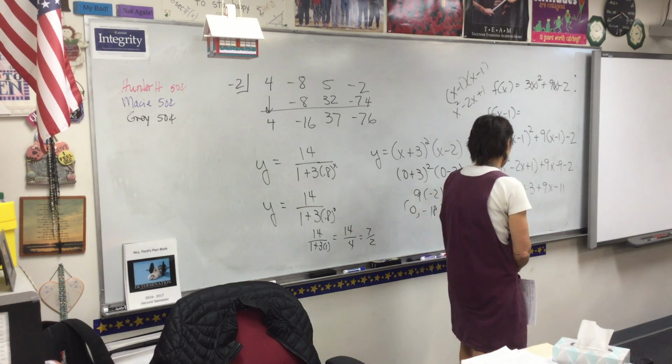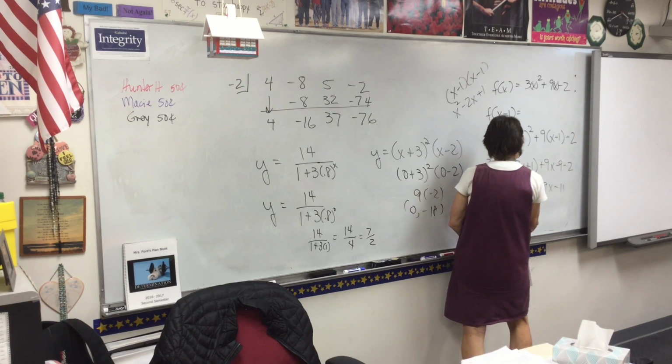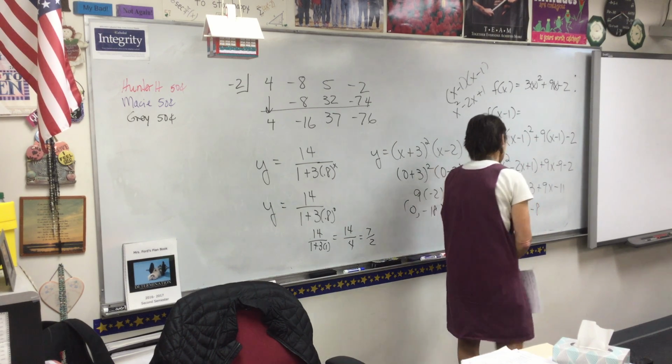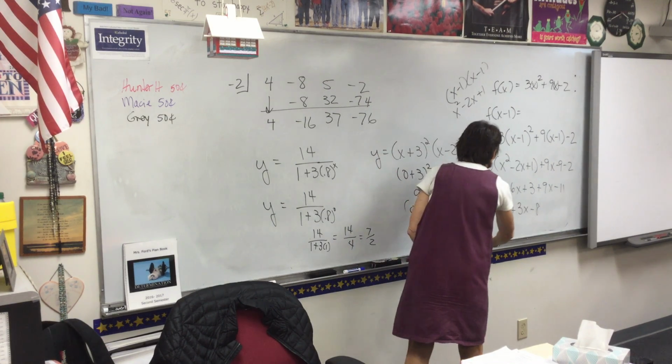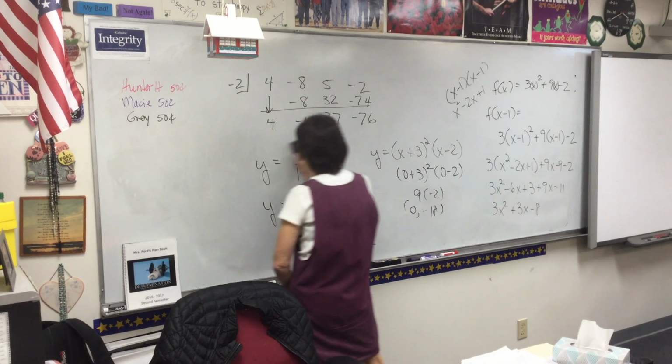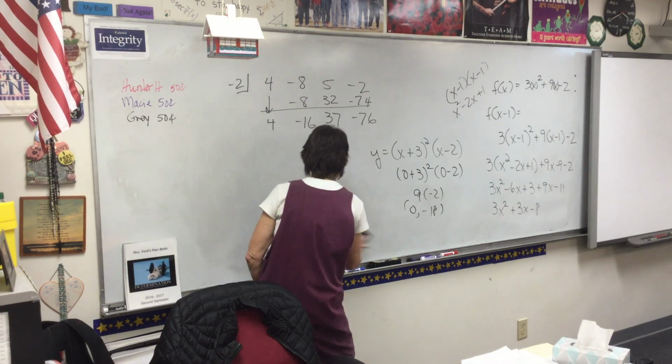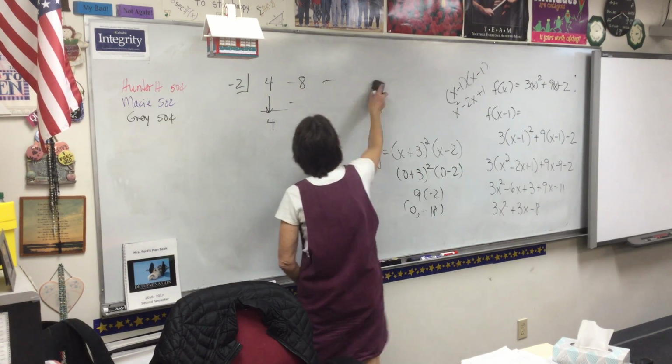So I got 3x squared plus 3x minus 8 if I did that without making mistakes. Easy, easy, easy. F of, plug it in.